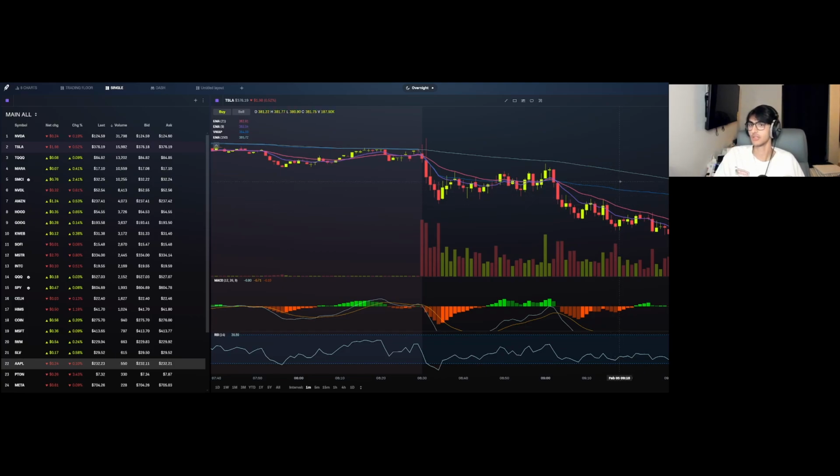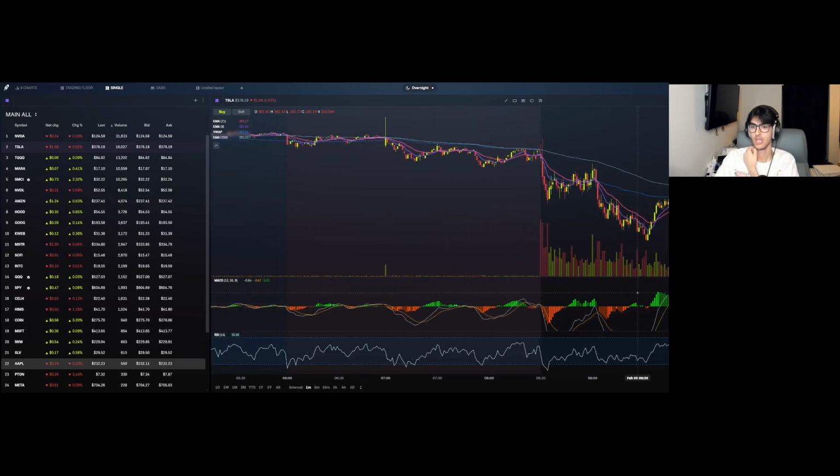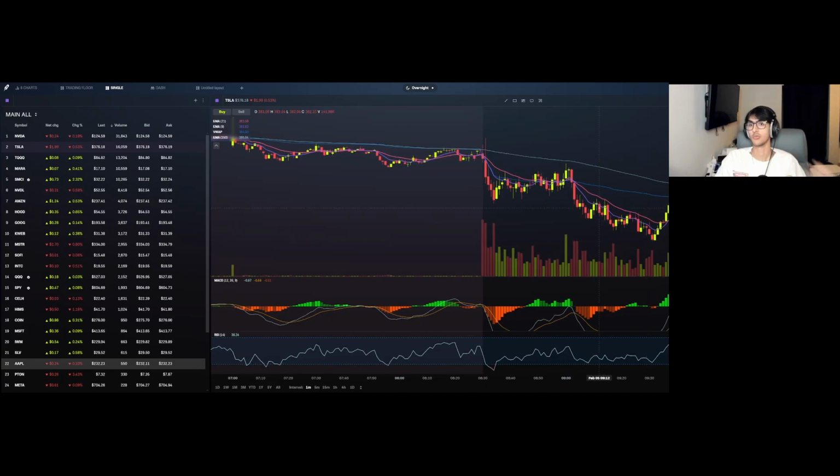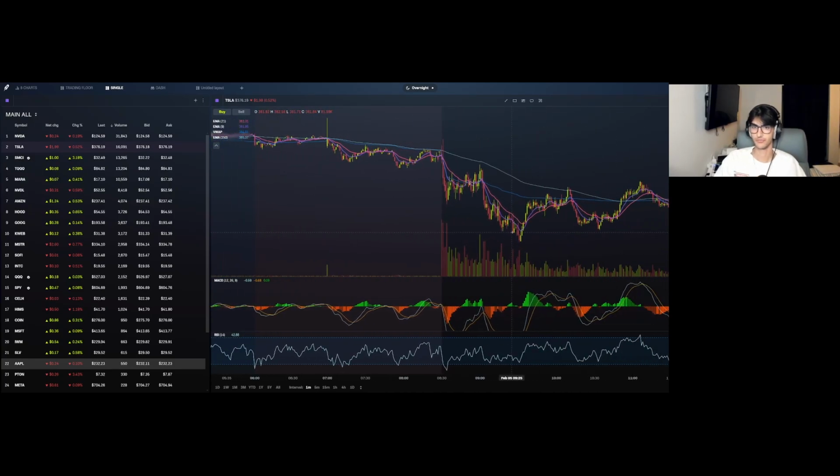And right here, I would be a little scared of taking puts because our MACD is rising, and secondly, we have strength holding while the stock is falling, which is a form of divergence. If I really wanted to, I would force a trade in there, but I don't really like it.